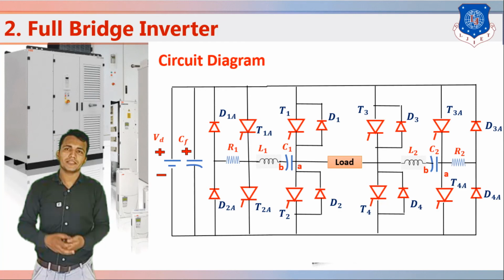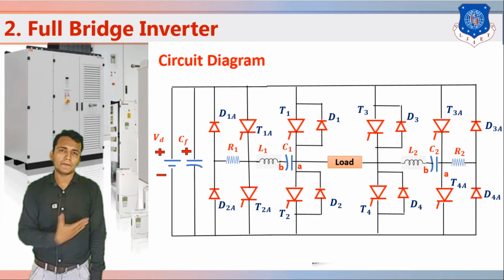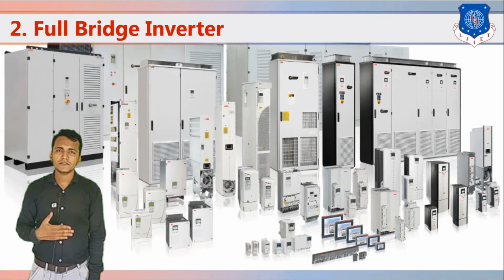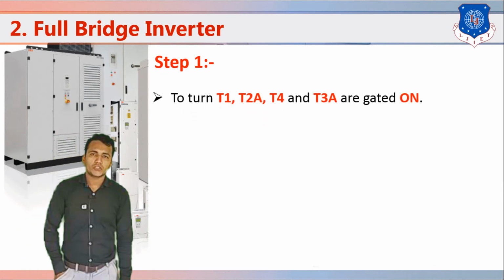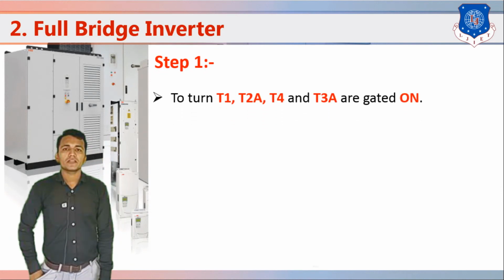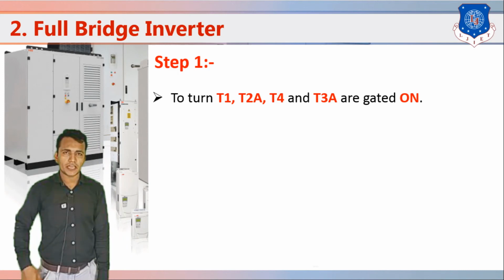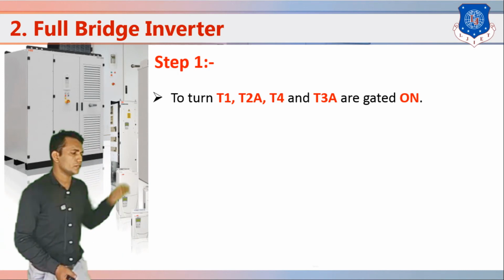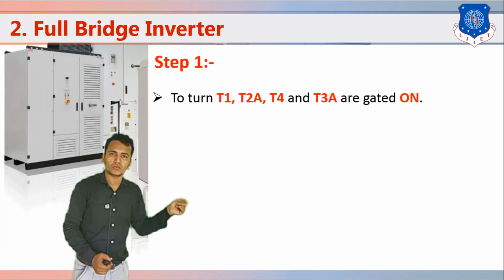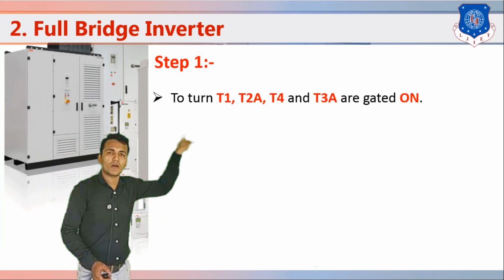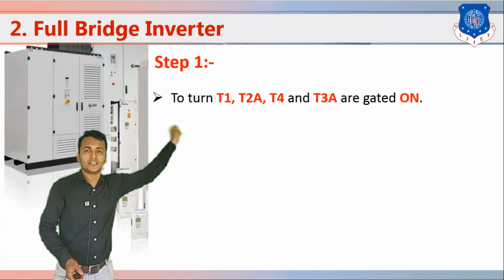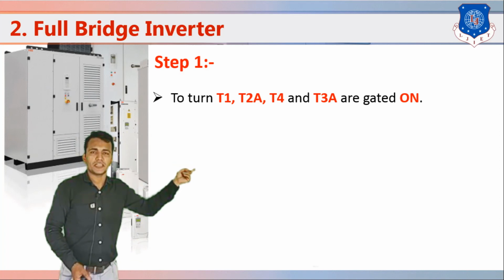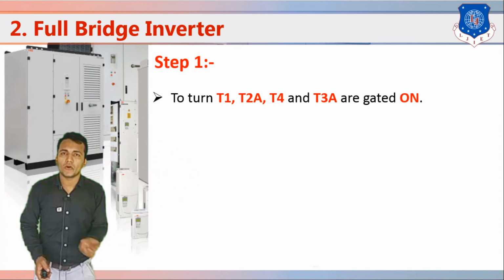To explain this full bridge inverter, we have to discuss the steps. Step 1: to turn on, T1, T2A, T4 and T3A are gated on. In the half bridge, at this time we turned on only T1 and T2A, but here T1, T2A, T4 and T3A will be on in mode 1.